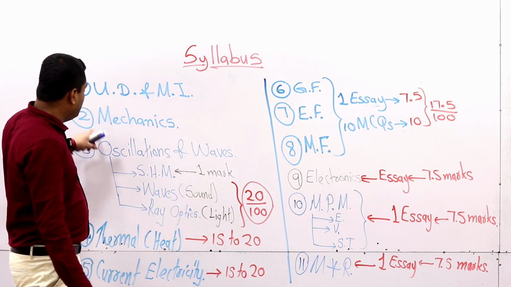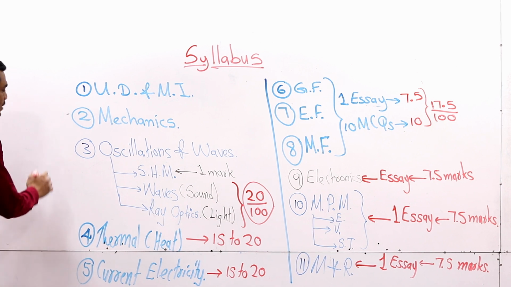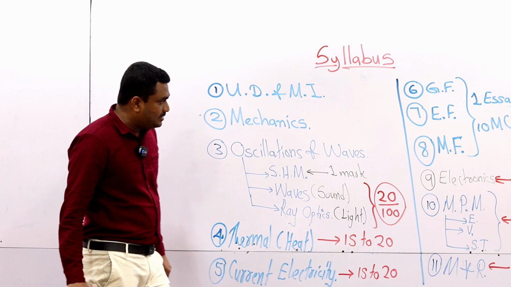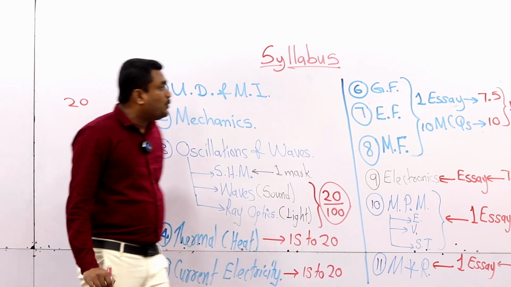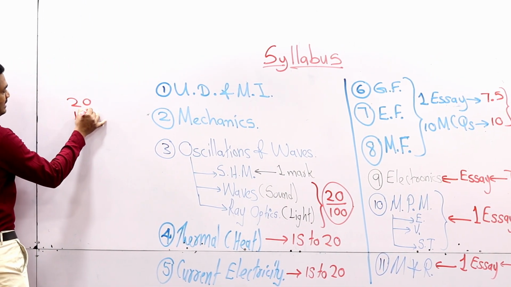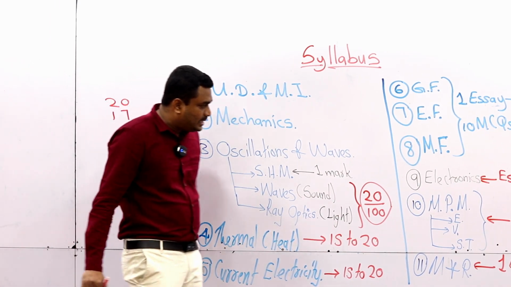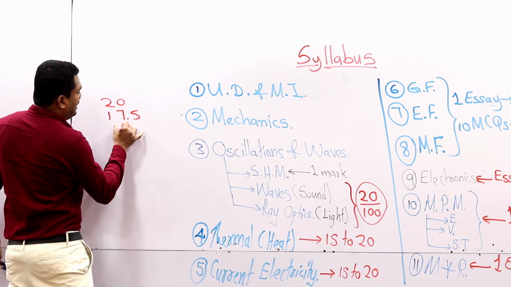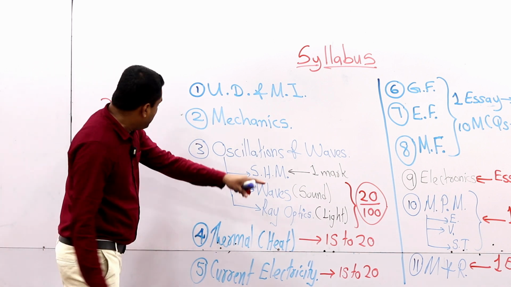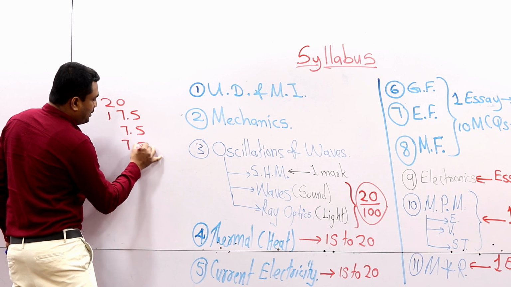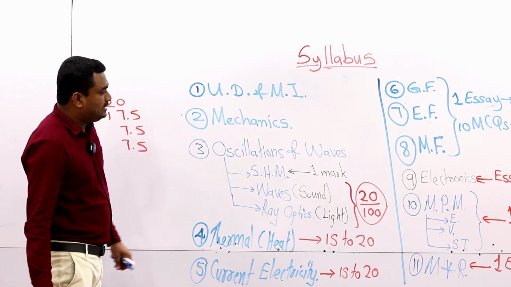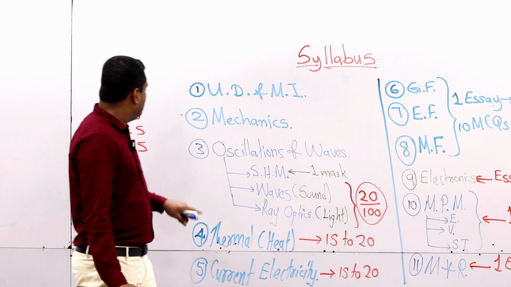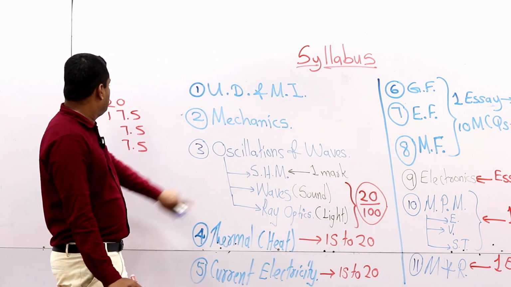Let's say you learn the third lesson very well, then you get 20 marks from the third lesson, 17.5 marks from the fields lesson, let's say 17, forget about the 0.5, and from the electronics lesson 7.5, and matter and radiation another 7.5, right? What are these lessons that I said? Matter and radiation, electronics, fields, and oscillation and waves, right?